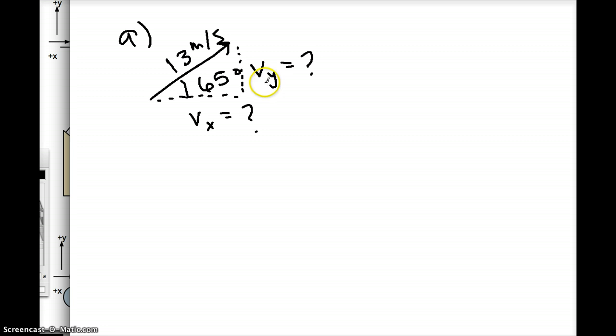We'll start with the x component. This x component is adjacent to the angle that's been given. And I may want to use cosine. Cosine of 65 is going to be adjacent over hypotenuse. And hopefully this comes out to be something where we're just left with one thing we don't know, and the thing we don't know is what we're looking for.